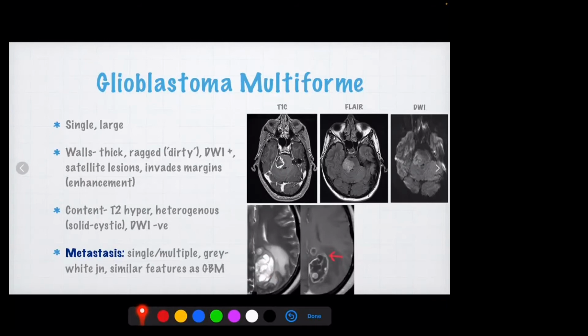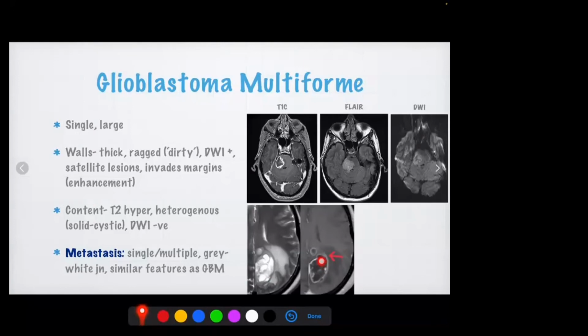Another characteristic point, which is very specific, is that whenever the margin is invaded, it goes into the surrounding edema as well. If you see a bacterial or any infectious abscess, it never goes into the surrounding edema, so the contrast enhancement never crosses the rim or the capsule of the lesion.